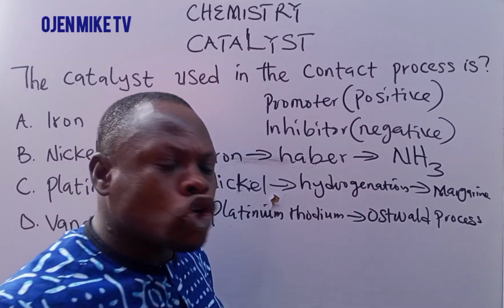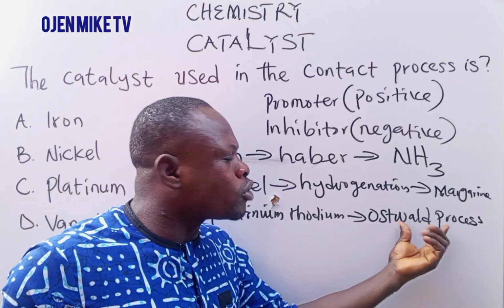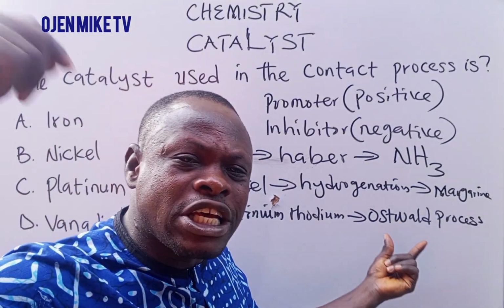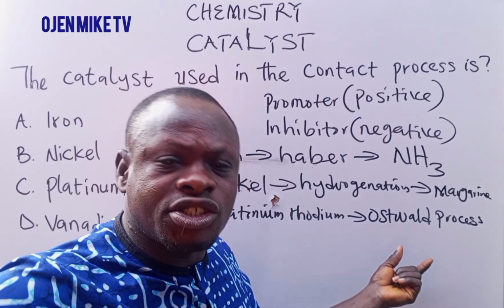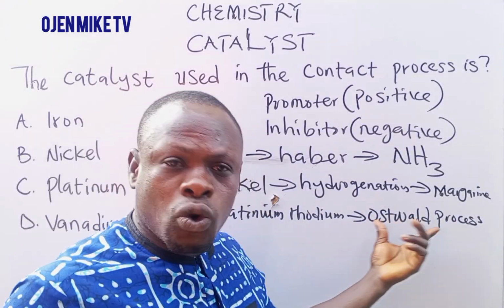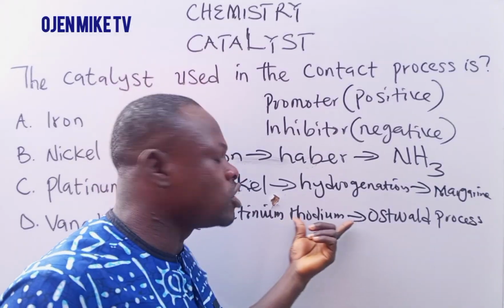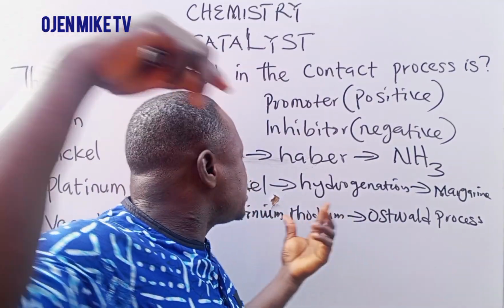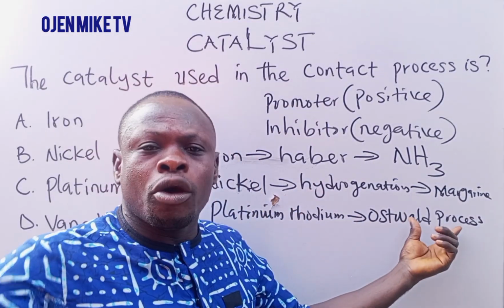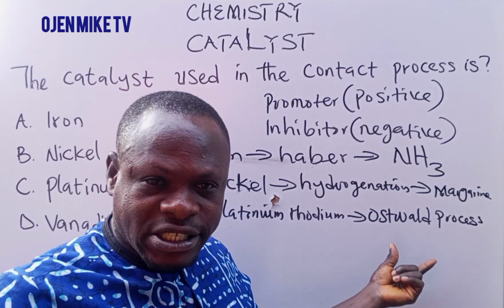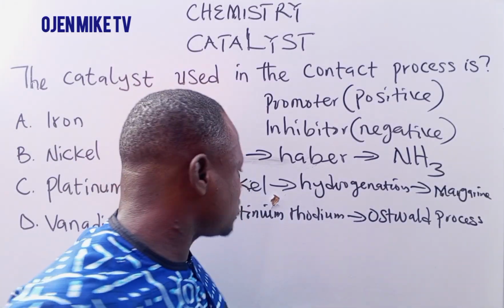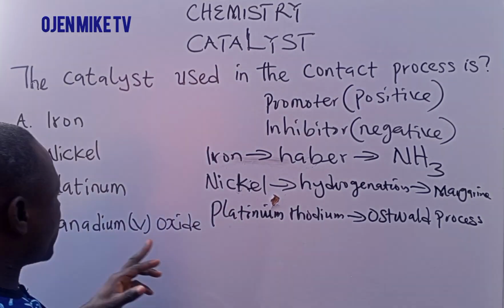When you hear of the Ostwald process, it is a process used in the production of nitric acid. So platinum-rhodium gauze is a catalyst used in the production of nitric acid.